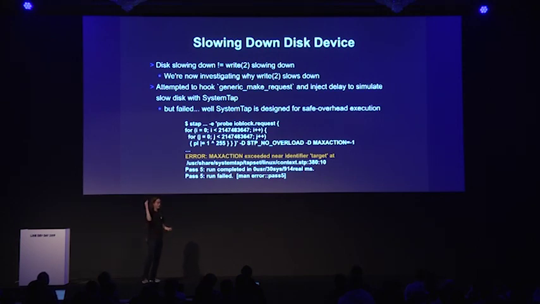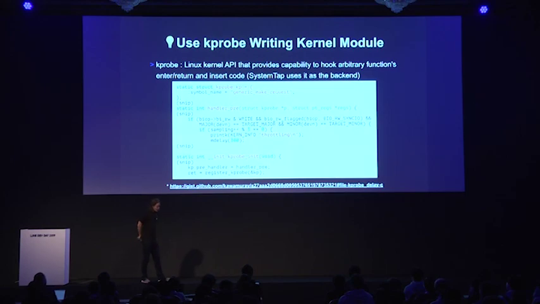We use system tap at first to hook generic make request and run all the heavy processing in it, but this does not work. Because, as you know, system tap is designed for safe overhead execution. So it comes with a feature to automatically halt when system tap execution exceeds a certain threshold. So this did not work.